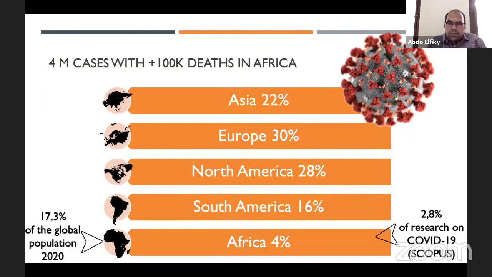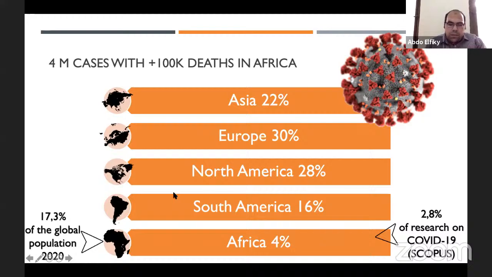The virus spread is different in different regions of the world. In Africa, we have about 4% of the total infections around the world, and 4% of the deaths also. Although we have some research on COVID-19, it is still very low compared to other countries.